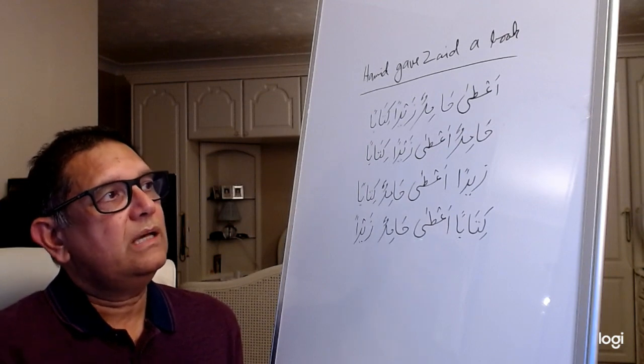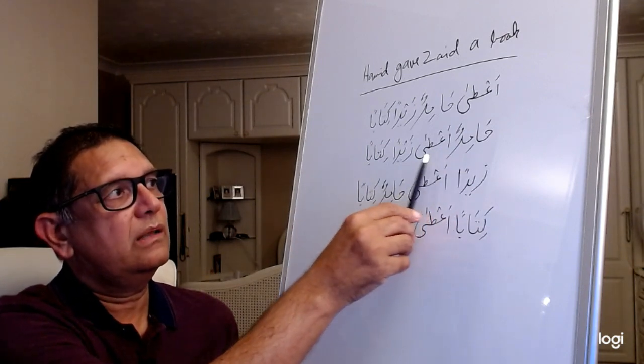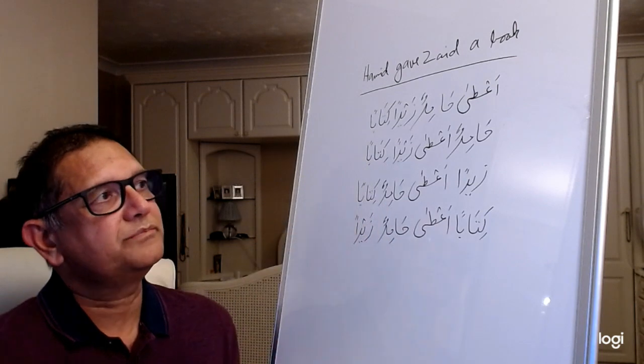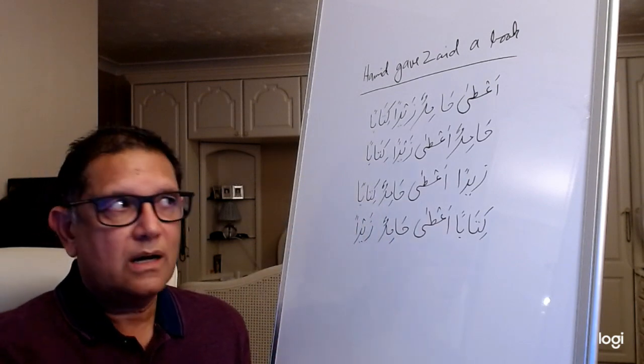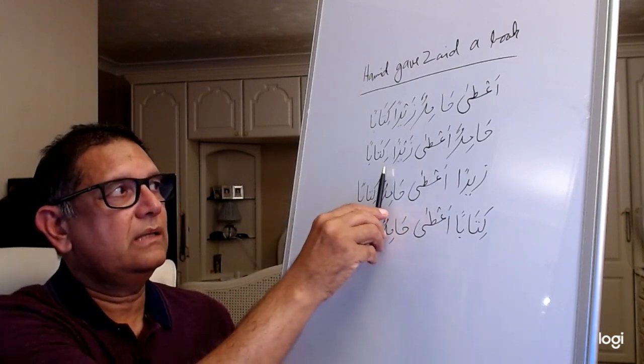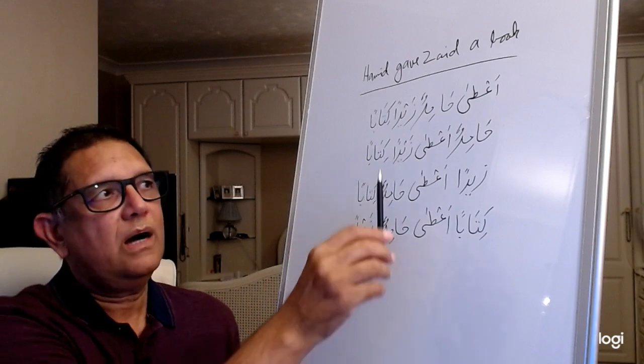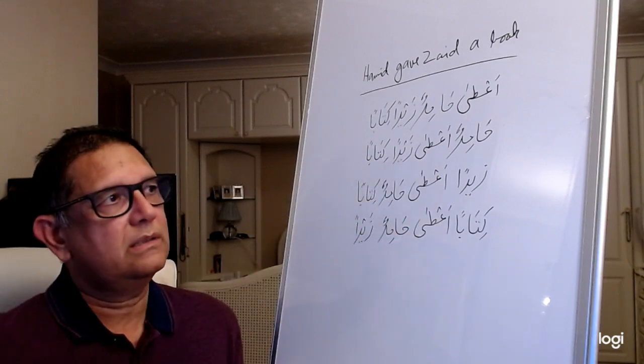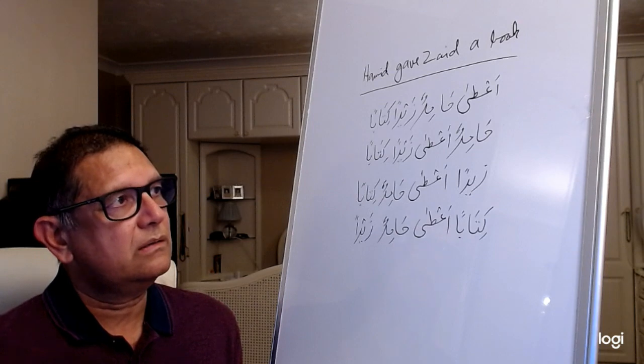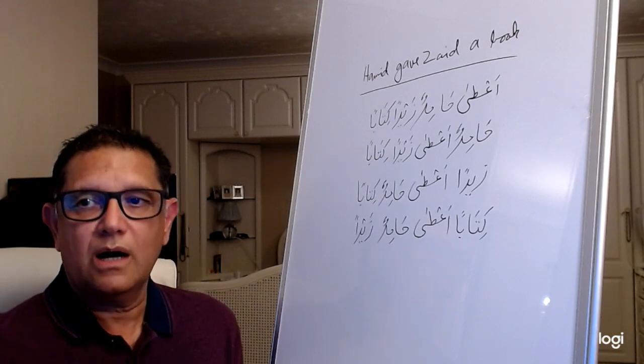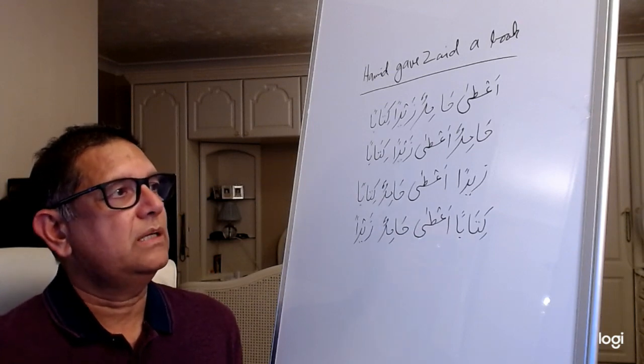And I will say Hamidun Ata Zaidan Kitaban. It's Hamid who has given Zaid a book. Hamid, not anybody else, not Bakr, not Amr, only Hamid has given Zaid a book.